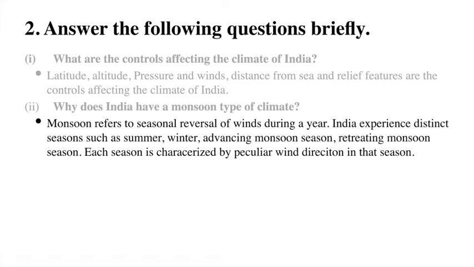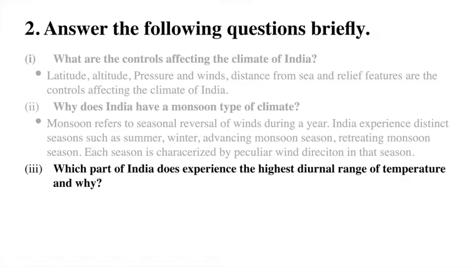India experiences distinct seasonal patterns like summer season, rainy season, cold weather season, retreating monsoon season, and so on. In each of these seasons, the wind reverses its direction. So such a kind of climate is happening in India. So India experiences monsoon type of climate.